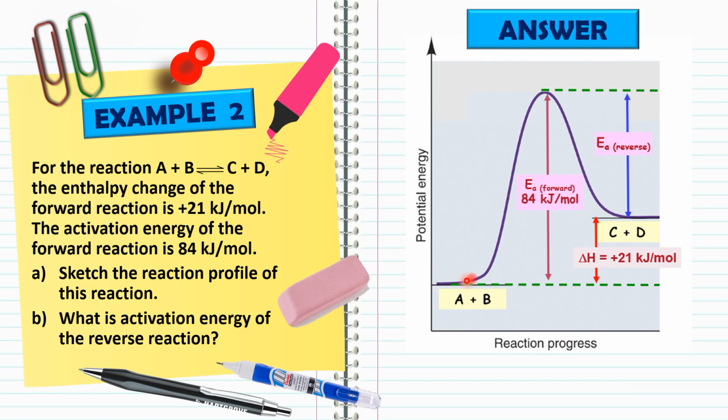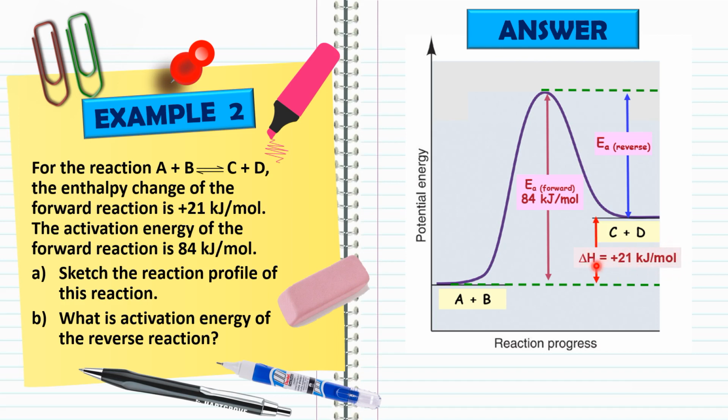Then you have to draw the curve to show the activation energy and label it. From the potential energy of the reactant to the top of the graph here is the EA for the forward reaction, that is 84 kJ per mole. The difference between the potential energy of the reactant and the product here is what we call delta H, or another name is enthalpy change or heat of reaction. The value here is positive 21 kJ per mole.